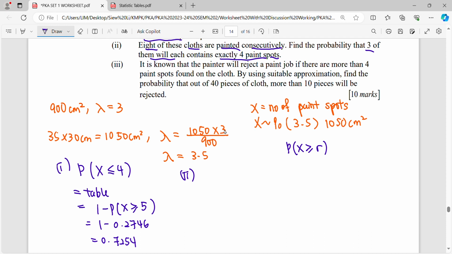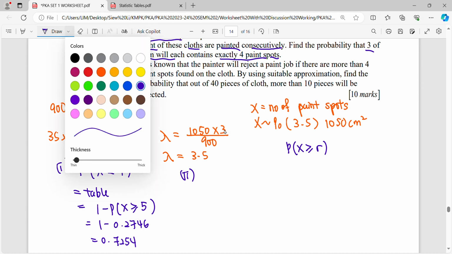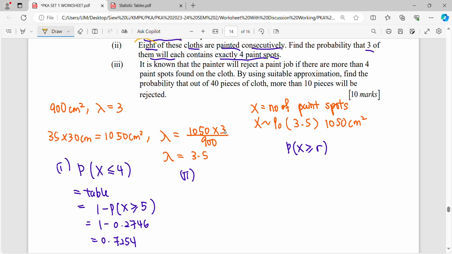So what you want to maintain here is containing exactly 4 paint spots. When you sample, this 8 indicates you now have sampled 8 groups. You want to find 3 of them with the situation of exactly 4 paint spots. So we start with finding the probability for exactly 4 paint spots.